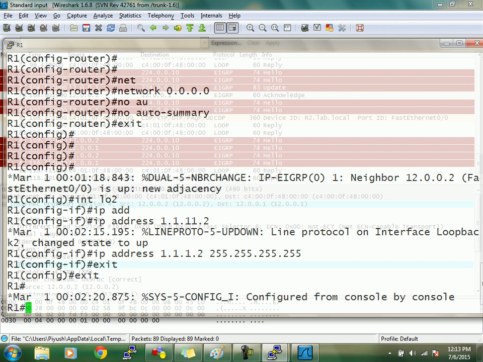RTP defines the whole process of exchange of updates. Question is clear? If R1 is sending the update and R2 is not able to reply, what will happen? After how much time? Is it necessary?